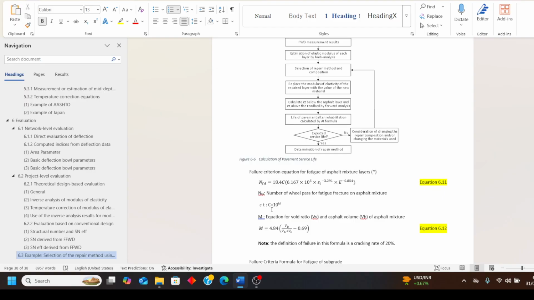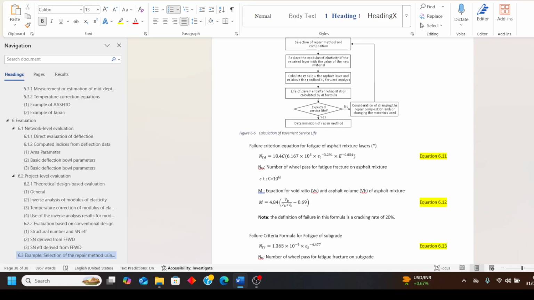Then we have the asphalt layer modulus, and C is the correction factor for the asphalt mix type, which can be computed from equation 6.12.